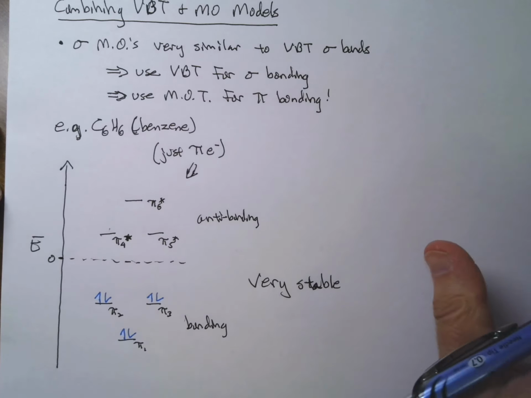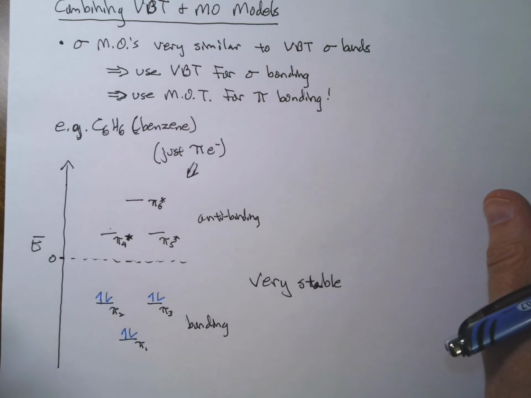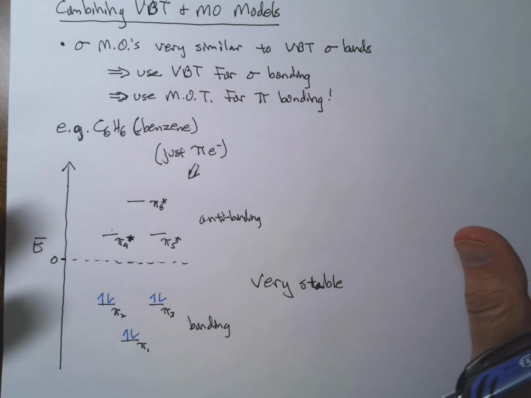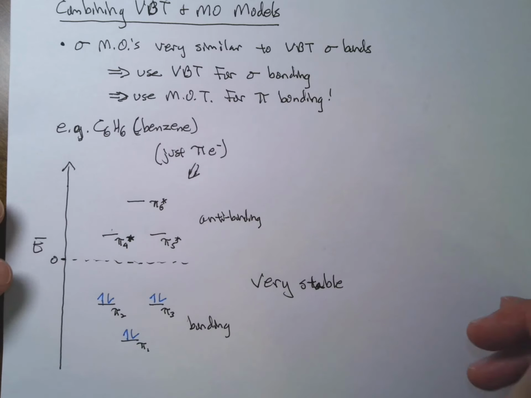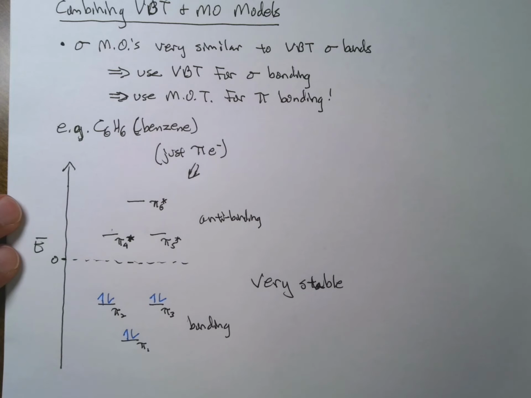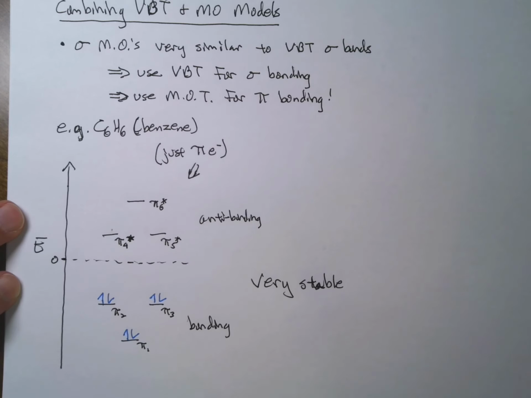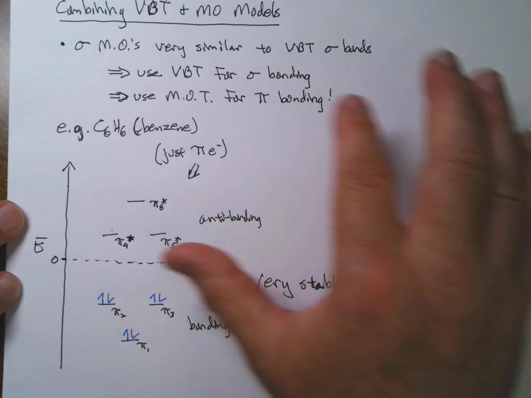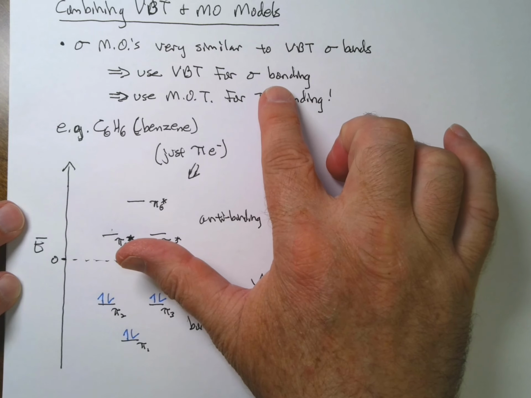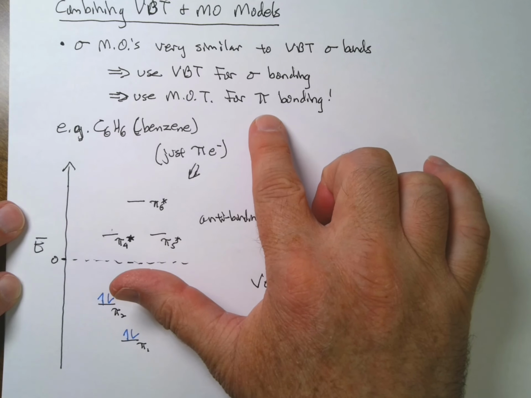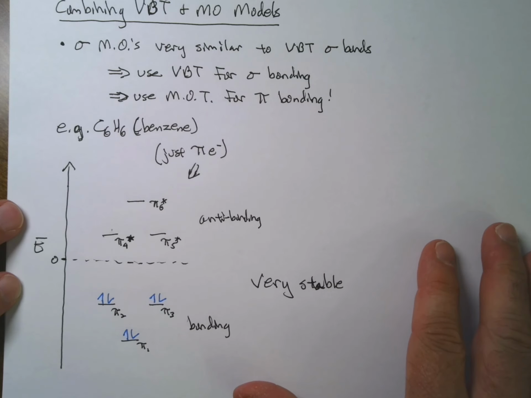And so molecular orbital theory provides us a way to explain the stability of benzene, that otherwise we have to do things like invoke resonance structures, which are really a man-made concept. And the molecular orbital theory, although it's also man-made, is more accurate for describing these more complex pi systems. So, take-home message is use valence bond theory for sigma bonding, and use molecular orbital theory when you have to for pi bonding. All right?